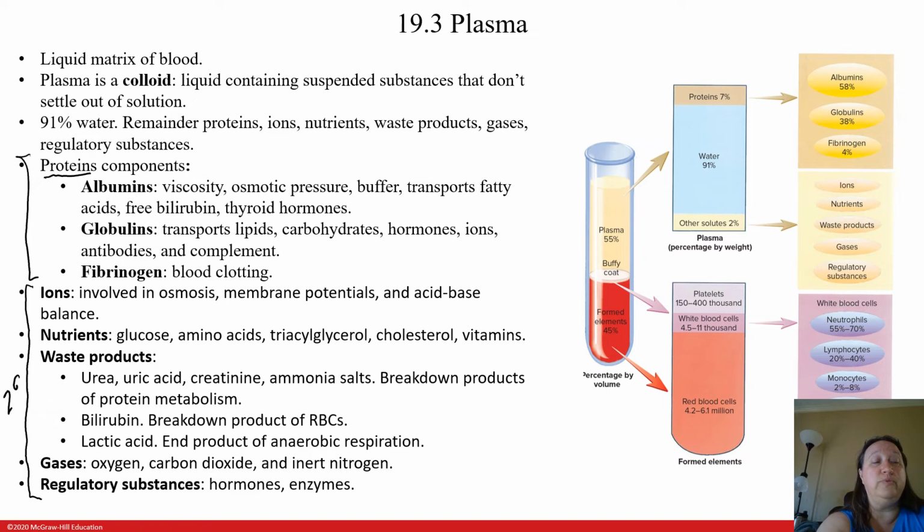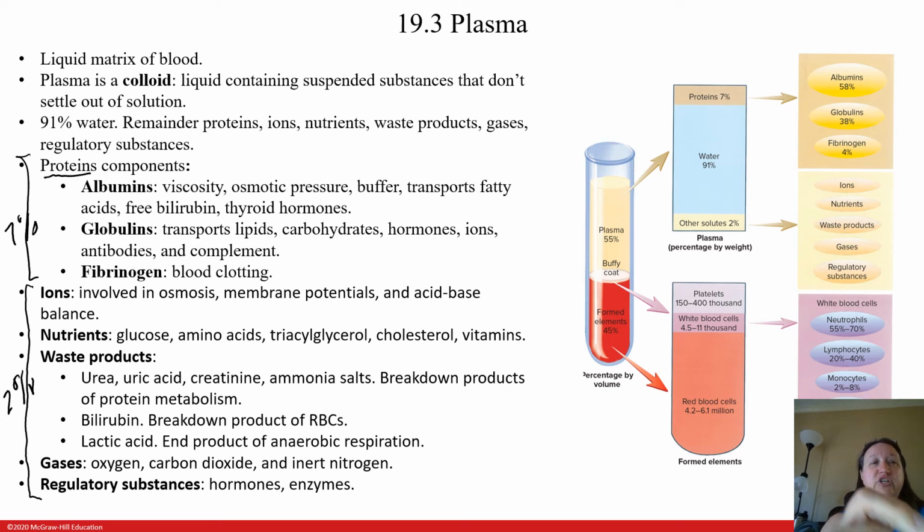So this would be 2%, this group up here would be 7%, and the rest of what you have in the blood would be water. You need to know the names of the things that you would find in each of these areas, and you need to understand the descriptions of them in the text. You do not need to know the percentages of each of them.